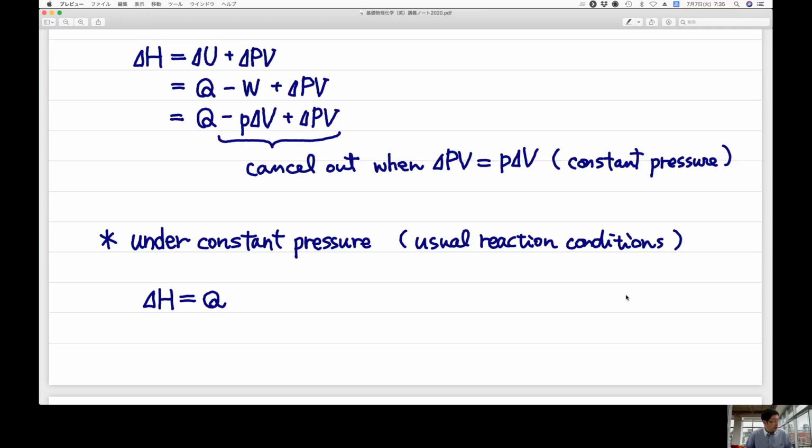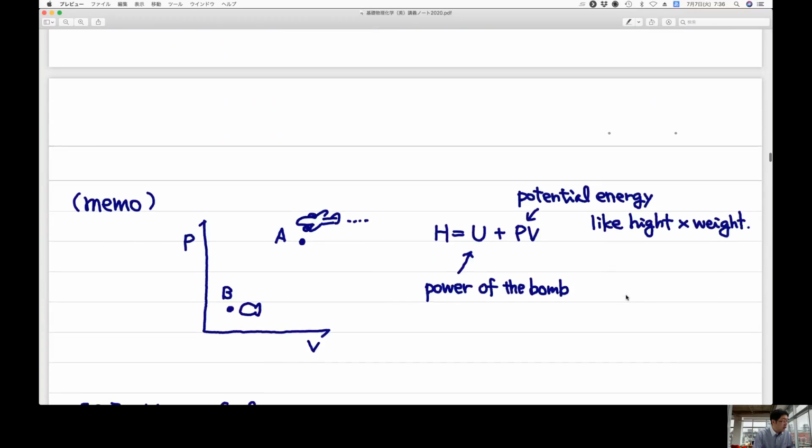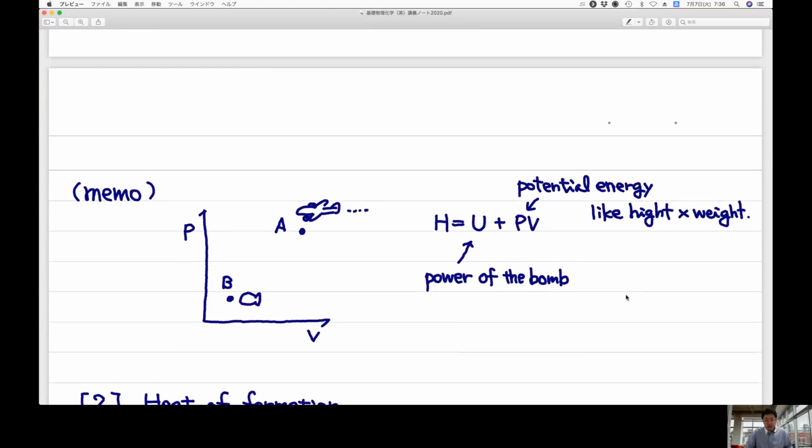And importantly, constant pressure is the usual reaction condition. Okay? And sometimes internal energy and enthalpy make you confused. So I would like to explain another point of view to understand enthalpy.